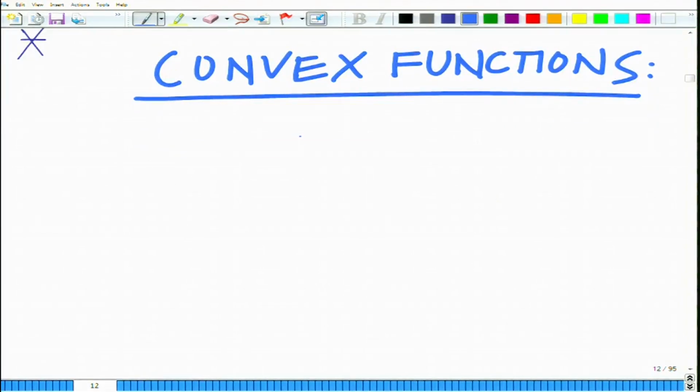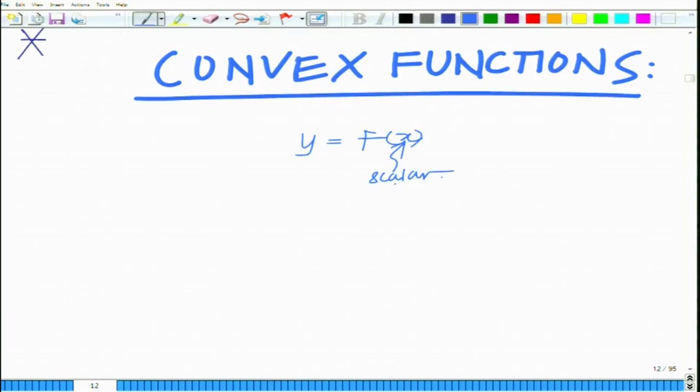Let us consider first a function of a single variable x, y equals f of x. This is a scalar variable. We will come to functions of vectors later.